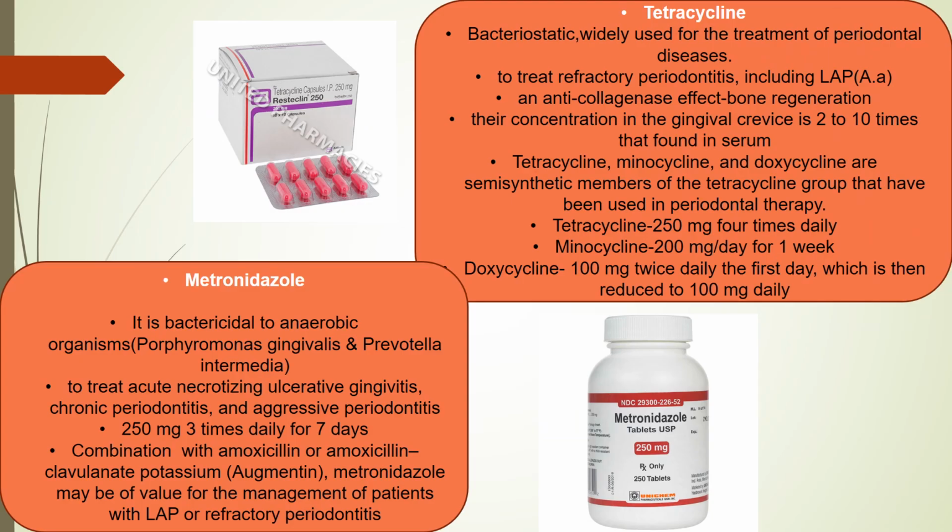Coming to each antibiotic group, tetracyclines have been widely used for the treatment of periodontal diseases. They are a group of antibiotics produced naturally from certain species of Streptomyces or derived synthetically. Tetracycline is bacteriostatic and acts mainly against Aggregatibacter actinomycetemcomitans, so it is mainly used for treating localized aggressive periodontitis and refractory periodontitis.